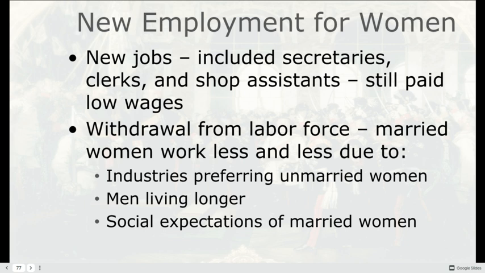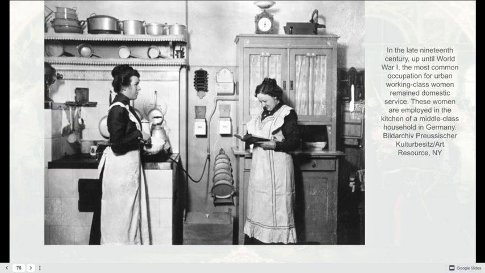But there were new opportunities for women, including secretaries, clerks, and other types of assistants. But they had to withdraw from these, of course, when they got married in many cases. And of course, one of the most common forms of work was domestic service, working in other people's homes.